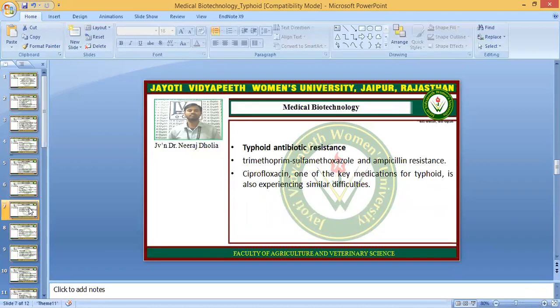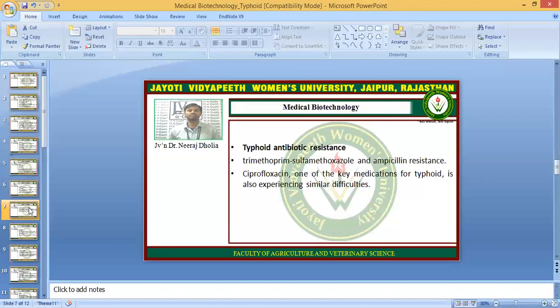So there are some antibiotic resistant cases also for the typhoid, like the trimethoprim sulfamethoxazole and ampicillin resistant typhoid. So these antibiotic resistant bacteria of typhoid will not show improvements in the patients.